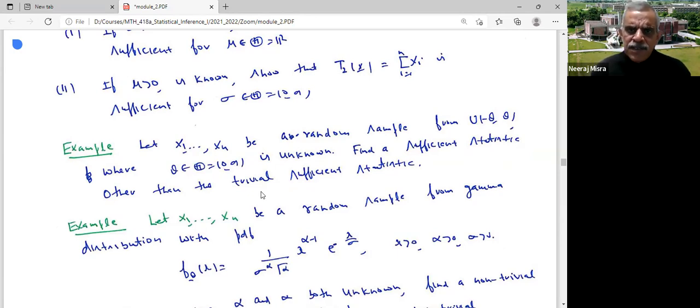So suppose you have this quantity. If I look at the joint PDF of x1, x2, ..., xn, it will be the product, i equal to 1 to n, of each of them. Each of them has a density 1 by 2 theta, so 1 by 2 theta to the power n.